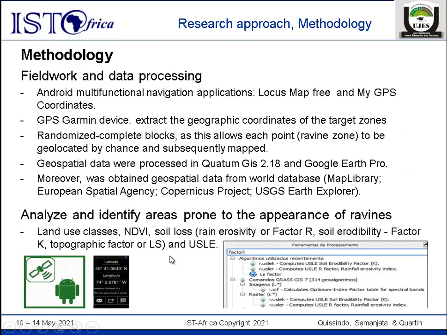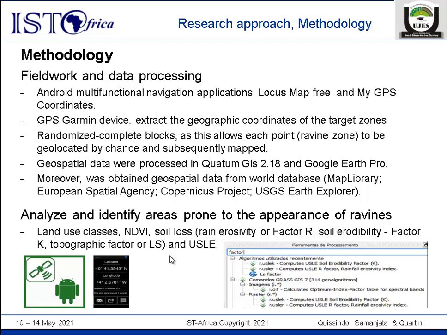About the methodology, this followed 2 steps. The first one was fieldwork and data processing, where we used an Android device and installed 2 apps, Logs Map Free and My GPS Coordinates, and we used these apps to extract geographic coordinates.